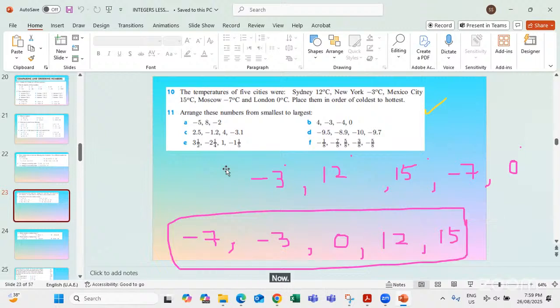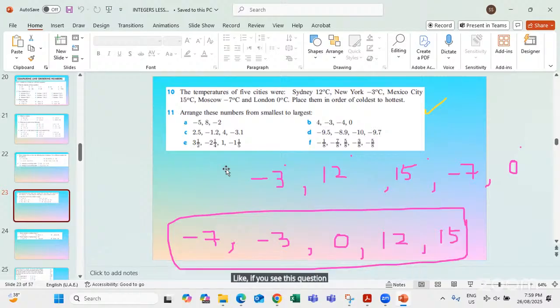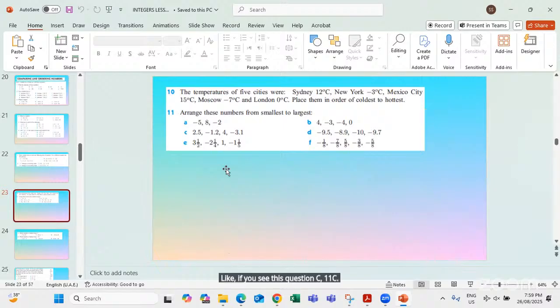Now, when you have to compare the numbers, negatives and positive numbers, the directed numbers, you can have fractions also, you can have decimals also, anything, the process will be same. Like if you see this question C, 11C, we have decimals here, 2.5, negative 1.2, 4, and negative 3.1.